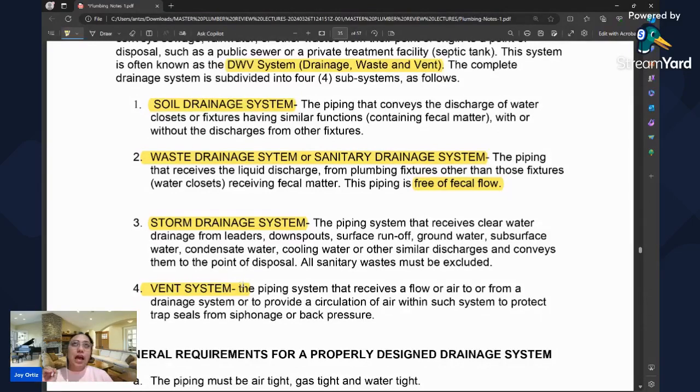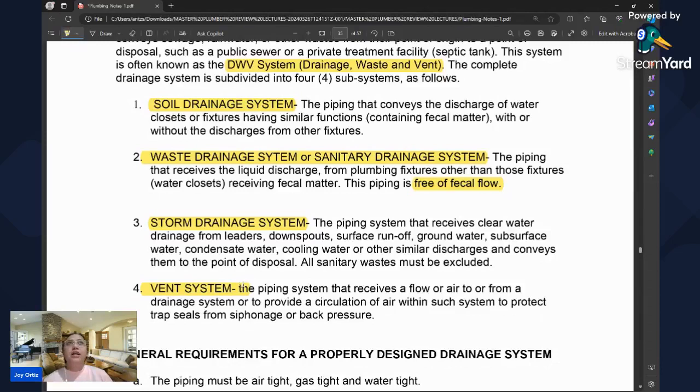The purpose of the vent system is to prevent siphonage or back pressure, as we call it. It is why the waste in our CR goes down.